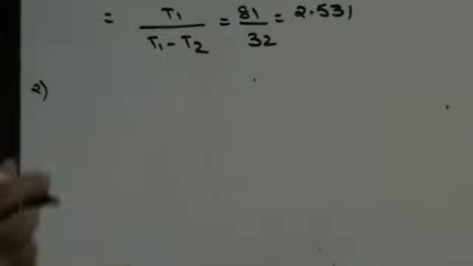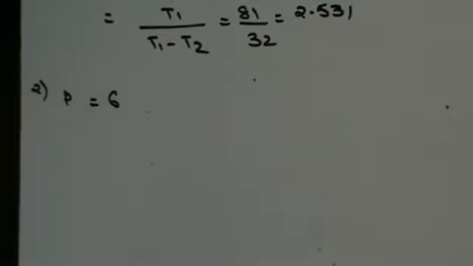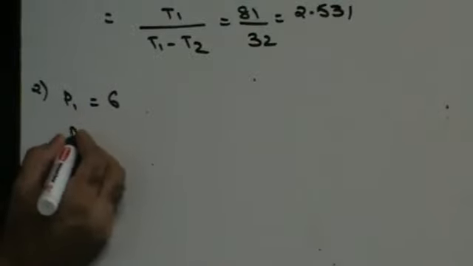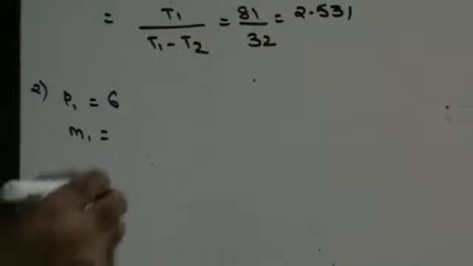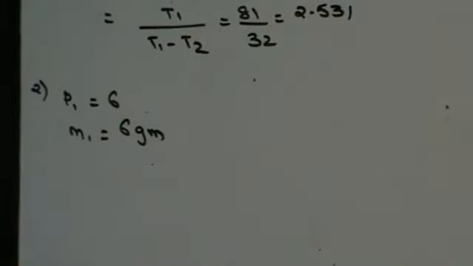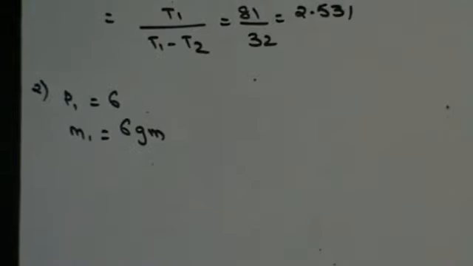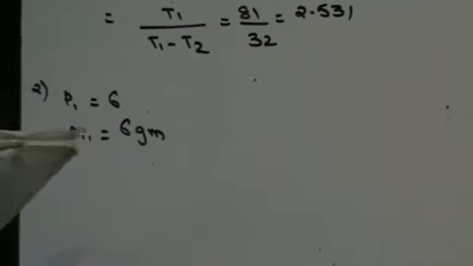In Melde's experiment, in perpendicular position, 6 loops are obtained when a mass of 6 grams is put in the pan.